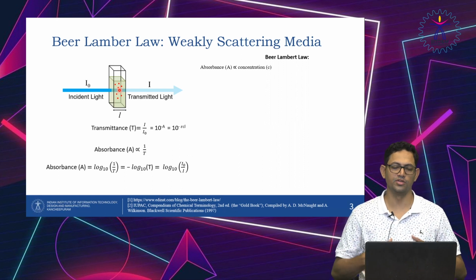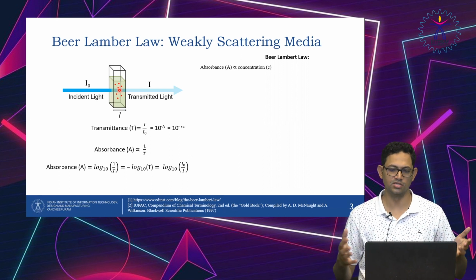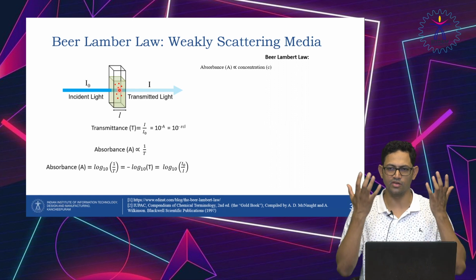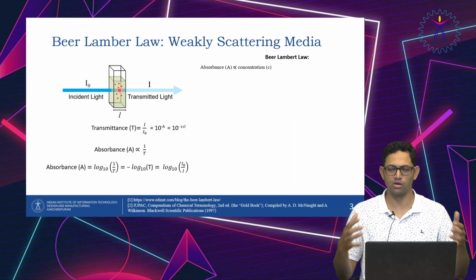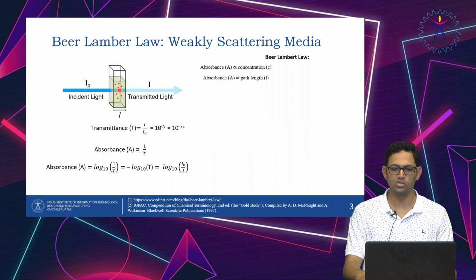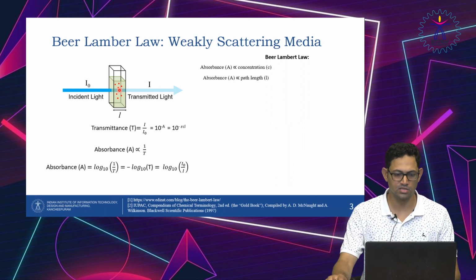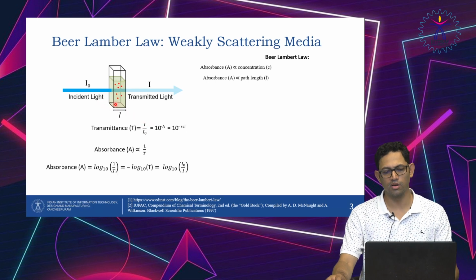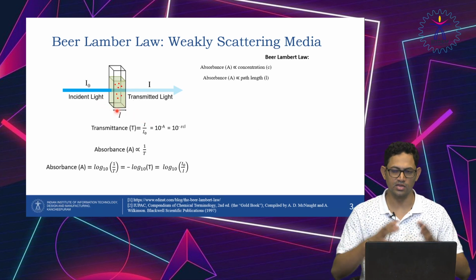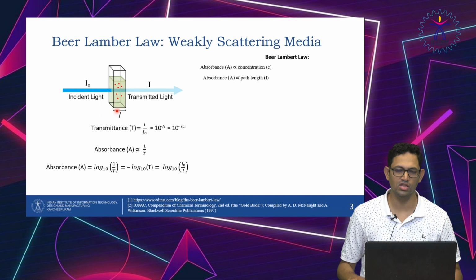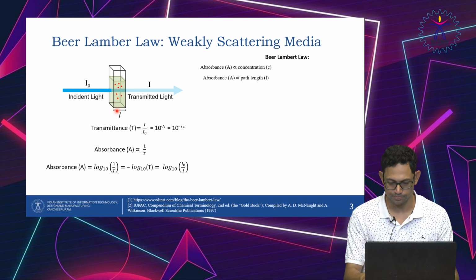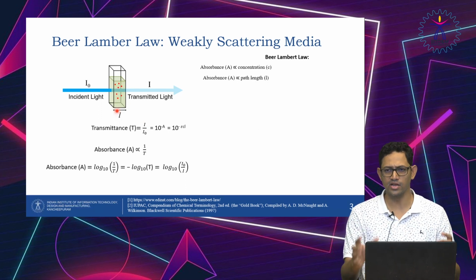For example, the concentration of rhodamine 6G, as you saw some time back, was increasing, so the absorption also increased, right? Absorption is also directly proportional to your path length. Path length means the dimension of your cuvette. For example, if your cuvette length is increased to double of what you have right now, the absorption would also be increased. So it's directly proportional.